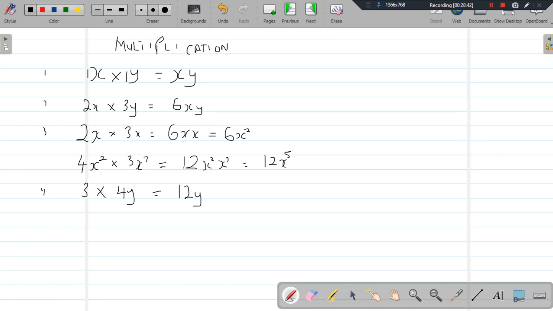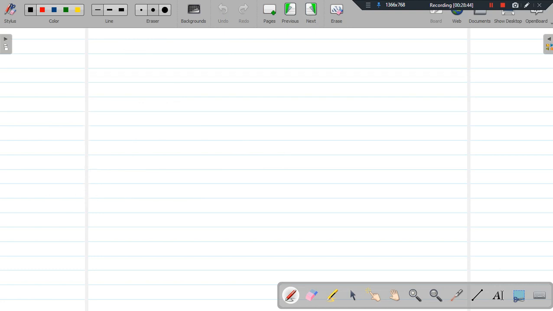Now let us also move on to the complex aspect of multiplication of algebra. Now it's not complex, but the reason why I'm saying it's complex is that it's solved and then you are going to get an answer in a basic form and then still proceed in our multiplication of algebra. So now let's look at example.